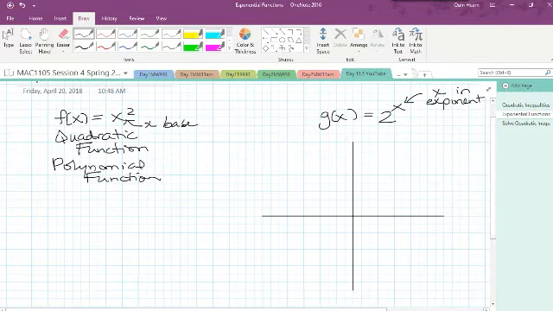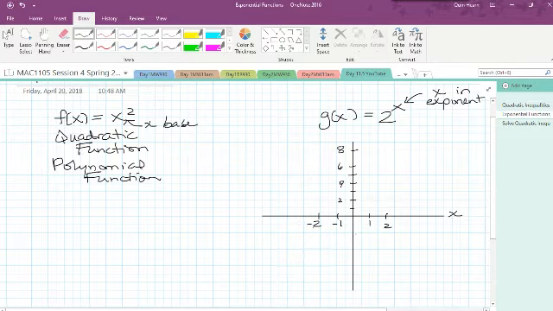Just to give you an example, if we were to use just plotting points to graph g of x equals 2 to the x, let's see what would happen. Let's use a little bit bigger scale so we can see what's going on a little better: a bigger scale on the x, and a smaller scale on the y. So what if I plugged in the number -2 to g?